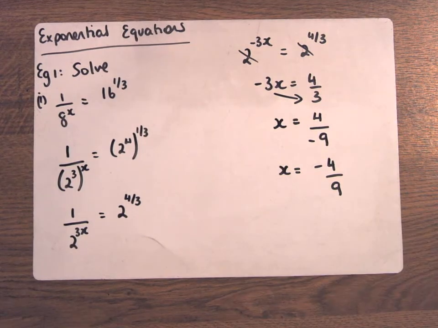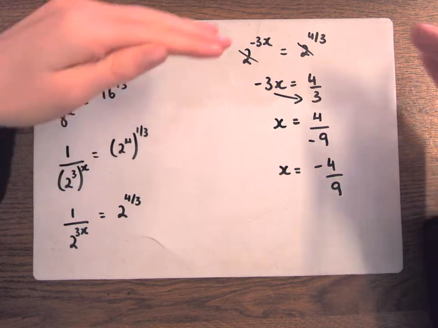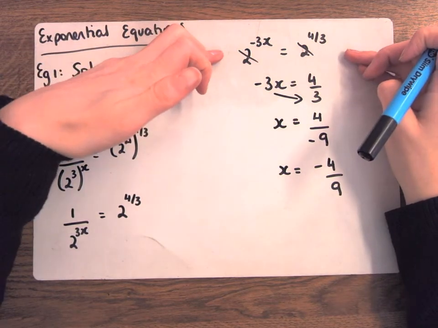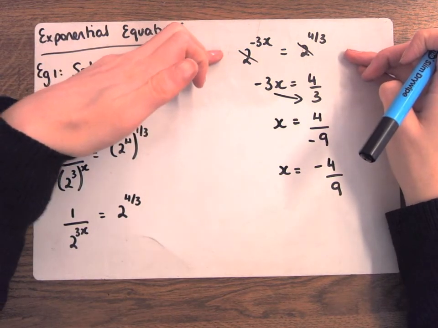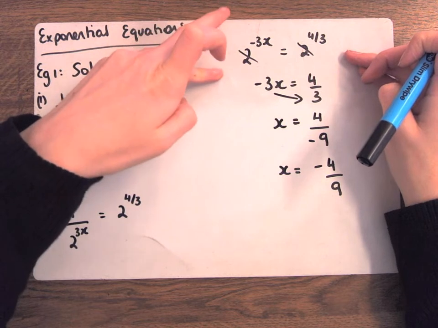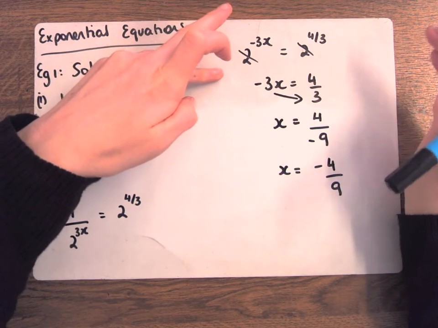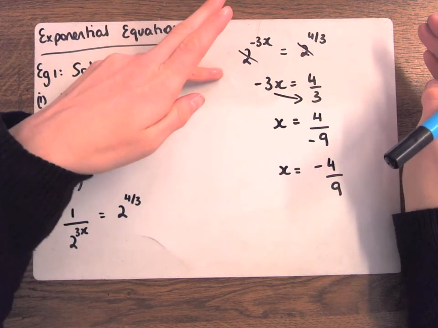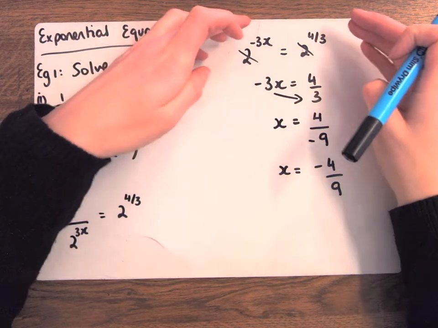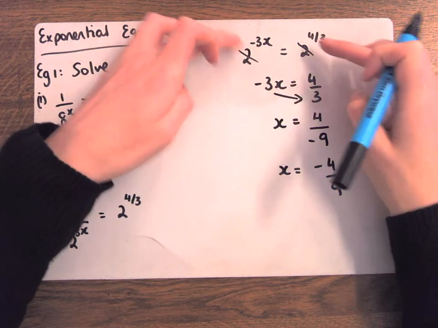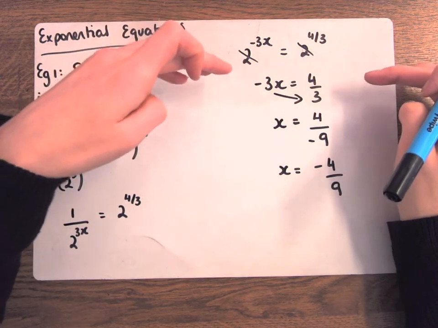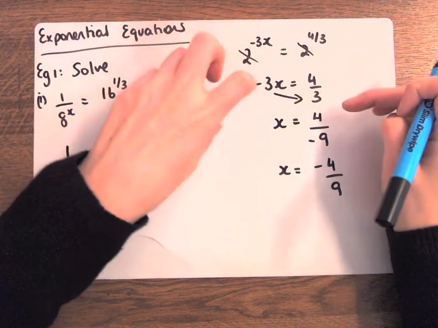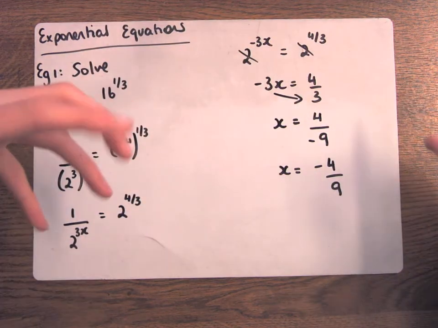I thought you weren't able to cross off the other twos and cross off the top one. I'm just crossing them off so you can see what we're doing. But really, if 2 to the power of something equals 2 to the power of something else, your two powers are what's equal. So all I'm doing is pulling down the powers and making that the equation.